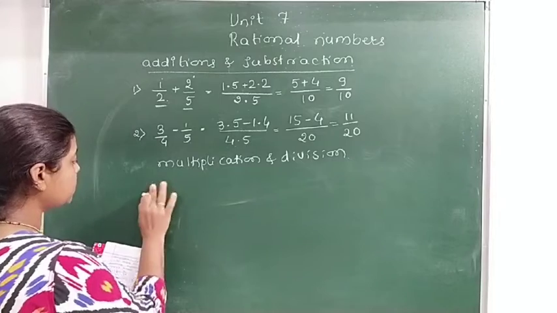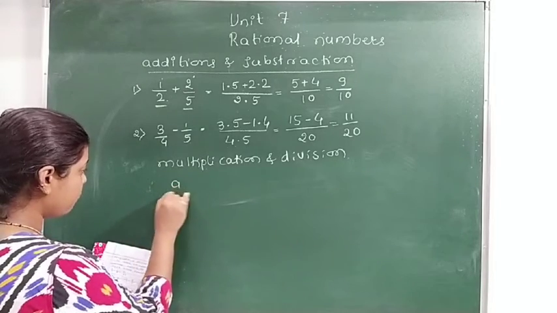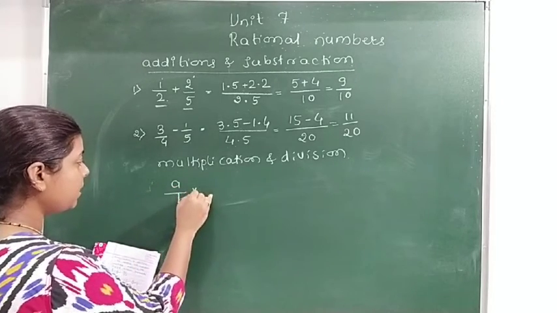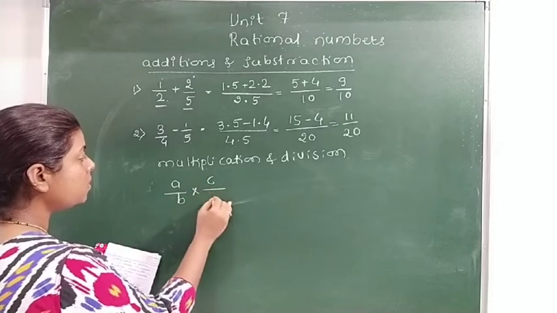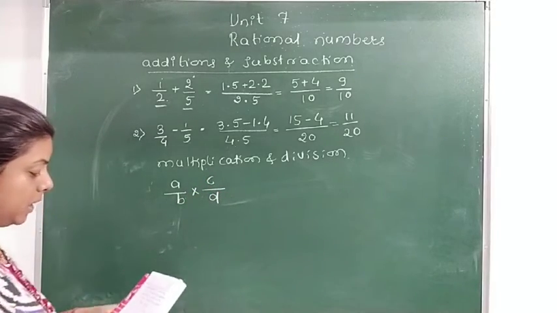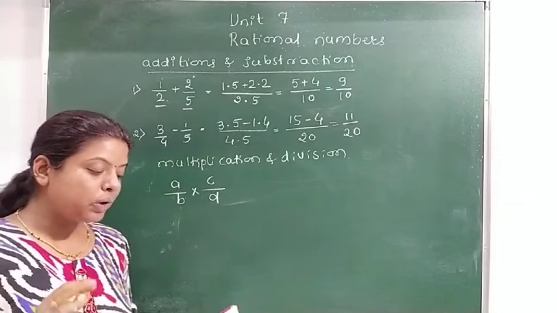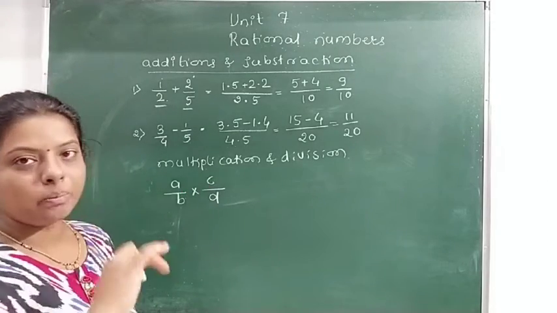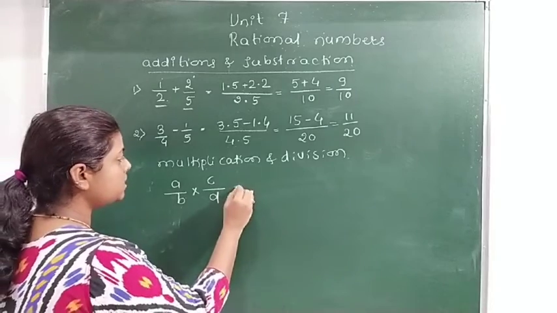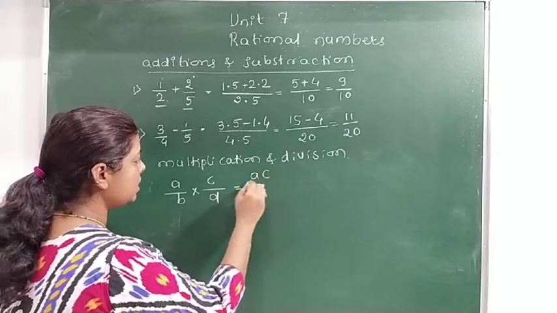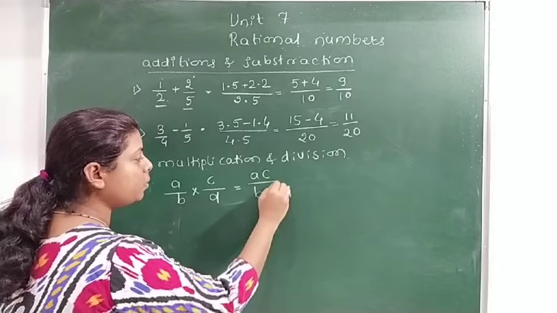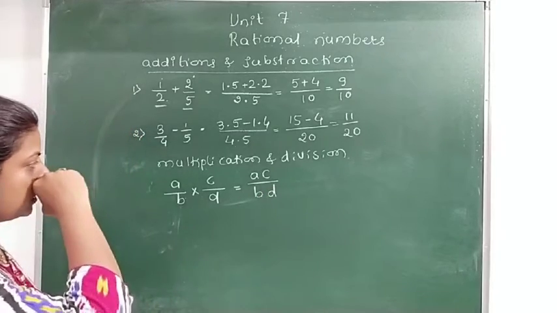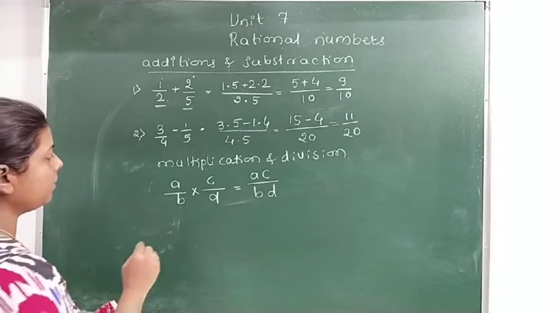In multiplication, we take one standard form: A divided by B multiplied by C divided by D. The multiplication of two rational numbers is top to top, bottom to bottom, equal to A into C divided by B into D. Like this you have to multiply.